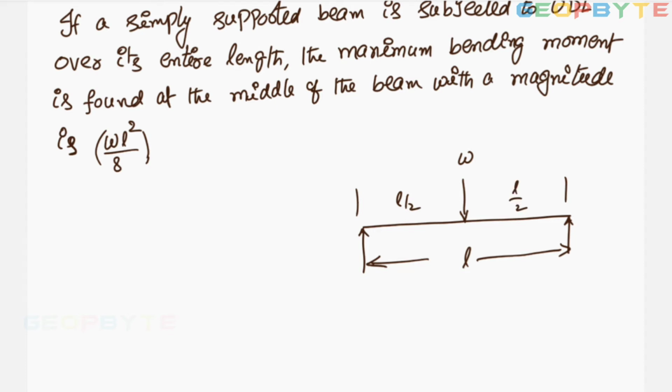Since the load is acting at the center, let this be A, B, RA the reaction at A, RB the reaction at B. RA equal to RB for this case, that is equal to W by 2.